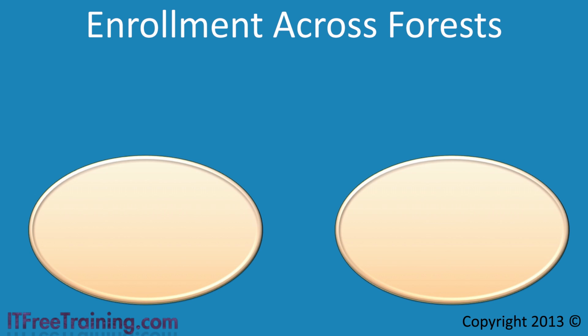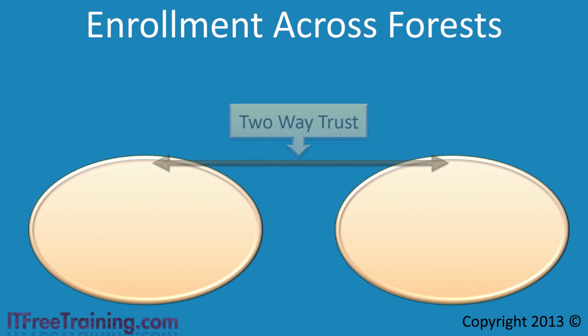Now you can install Active Directory Certificate Services in the one forest and use it in both forests. In order to do this, you require a 2-way transitive trust between the 2 forests. This essentially means that both forests need to be at least Windows Server 2003 functional level. This will allow one forest to issue certificates to the other forest.